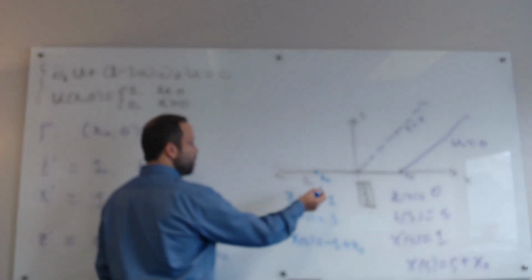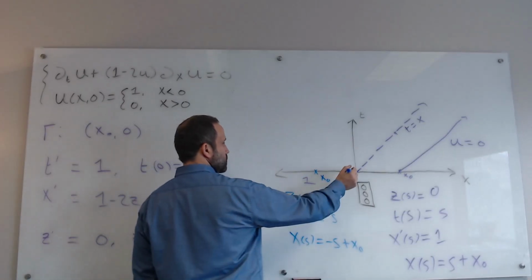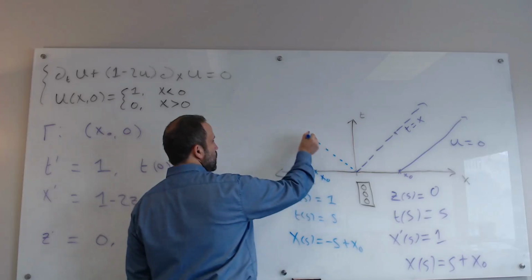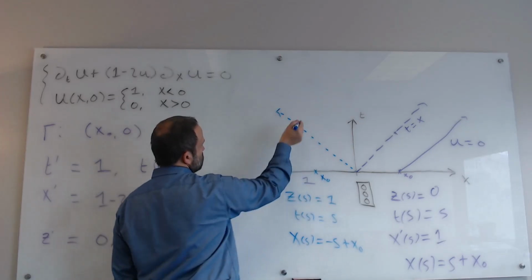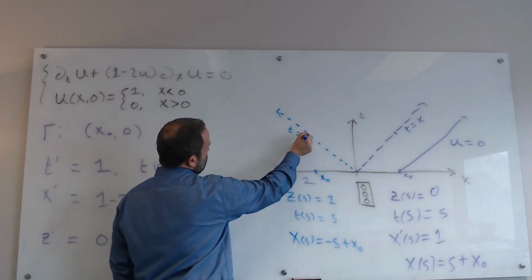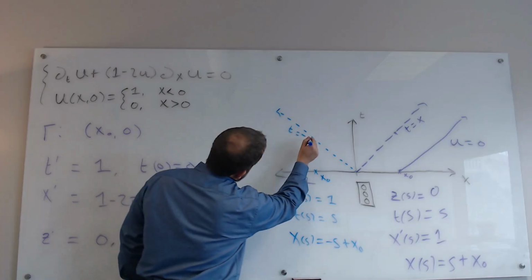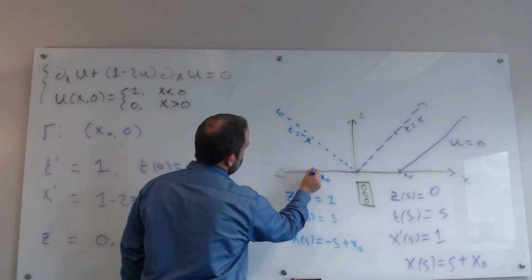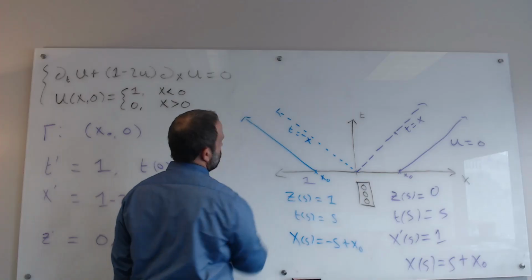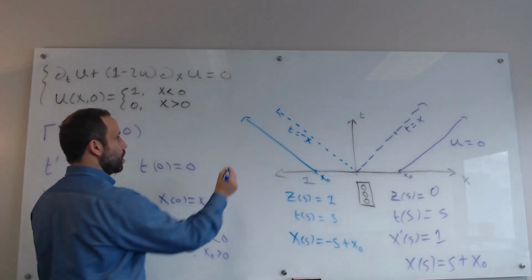Okay, so now we're going to have, again, the limiting case, I'm going to be here. And this is going to be t equals minus x, and then other ones are going to be here with a slope of minus 1. Now over here, u is equal to 1.